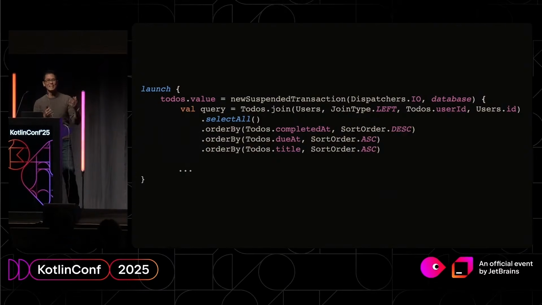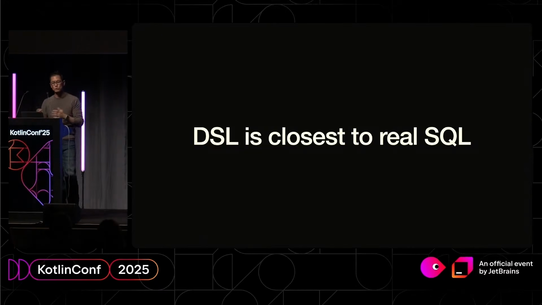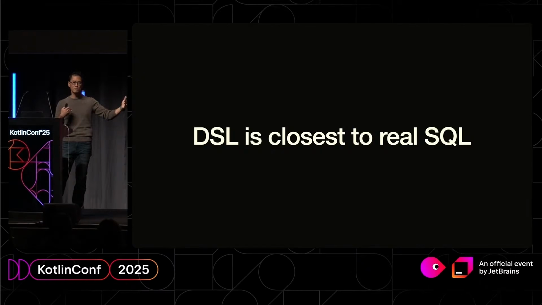Just my opinion. I just think it's easier when you stay closer to the real SQL. So the DSL version is closer to real SQL, and in my experience, for every ORM that I've used, the farther you get away from the SQL, the more trouble you're going to probably get into at some point.